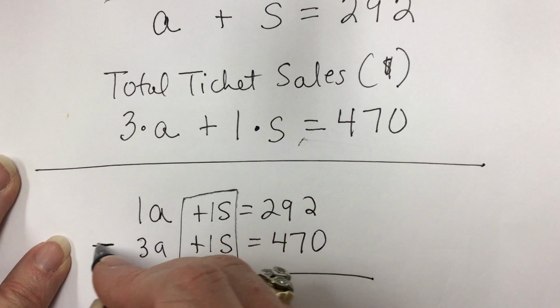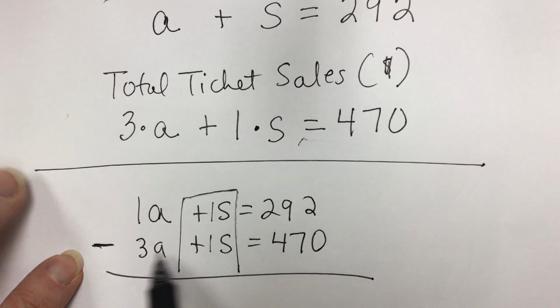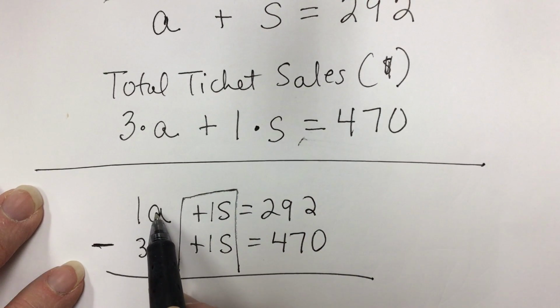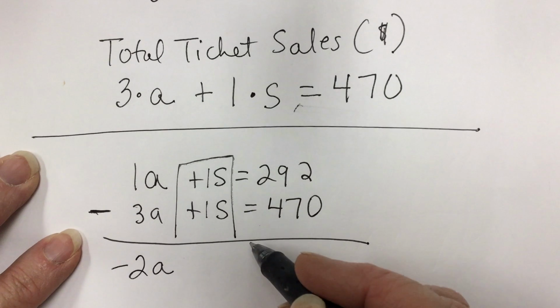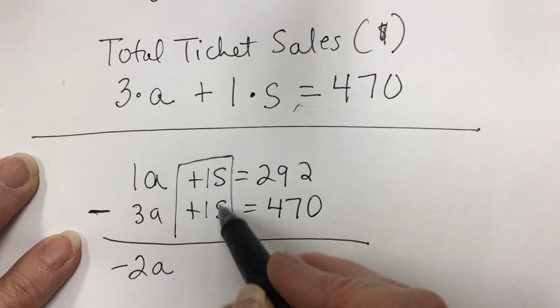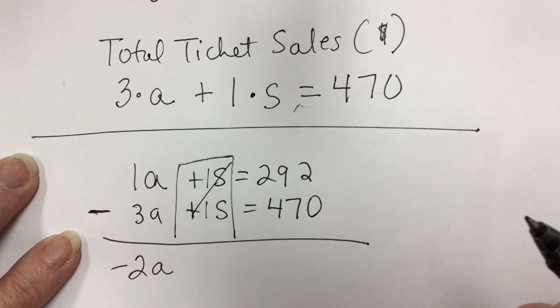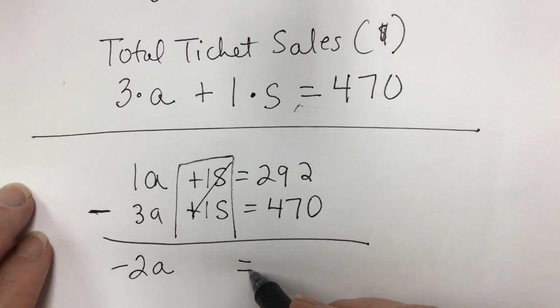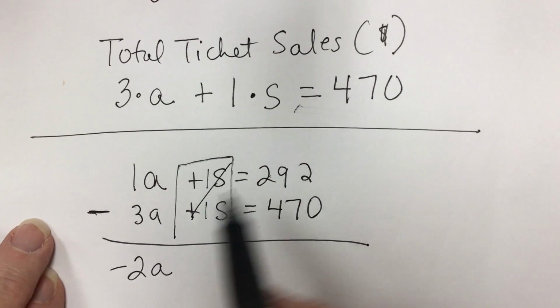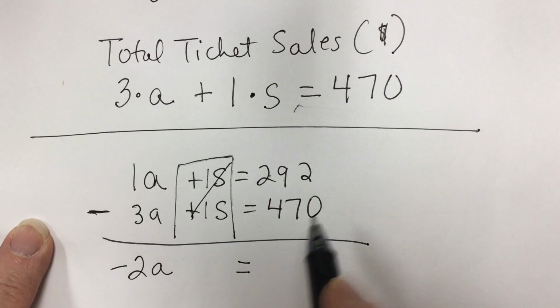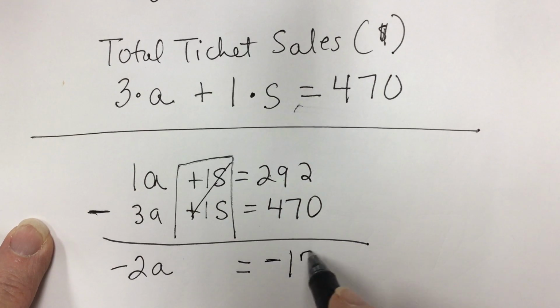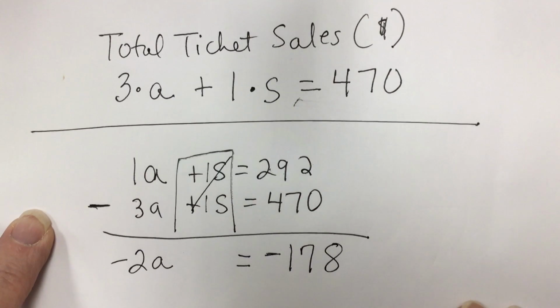So let's subtract. We're going to subtract the first equation minus the second. So 1A minus 3A gives you negative 2A. 1S minus 1S gives you 0S, or just 0, equals 292 minus 470, which gives you negative 178.